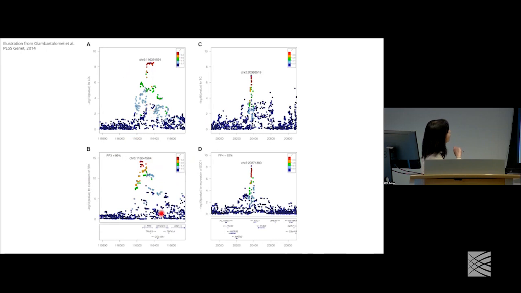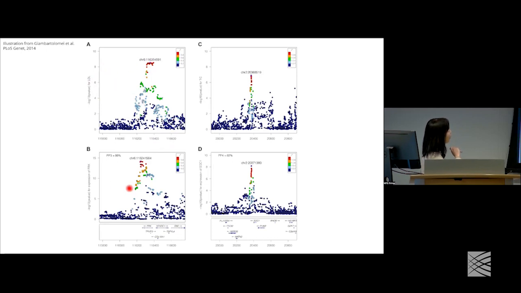For example, in the first column, on top is the locus plot from association studies of the LDL phenotype. Each dot here is a genetic variant. This is the cluster of variant signals that are significantly associated with the LDL phenotype.